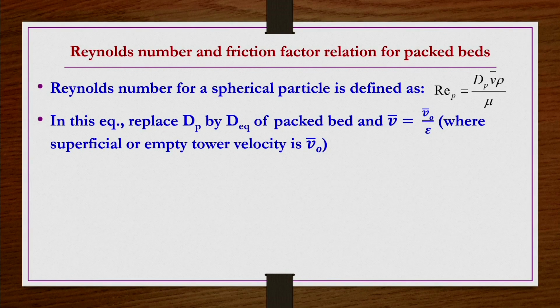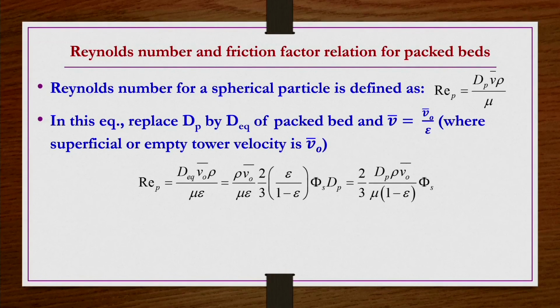Now, in this equation we replace dP by d equivalent, and V bar by V naught bar by epsilon, in order to bring in the effect of the packed bed characteristics in this Reynolds number. Then what will happen? We will have Rep equal to d equivalent times V bar, which is nothing but V naught bar by epsilon. So, we get d equivalent V naught bar rho by mu epsilon. So, rho V naught bar by mu epsilon we keep as it is here.